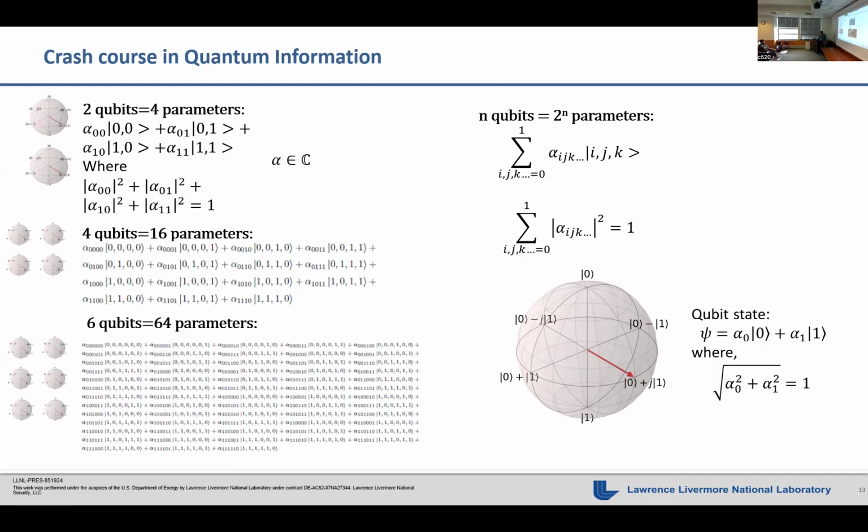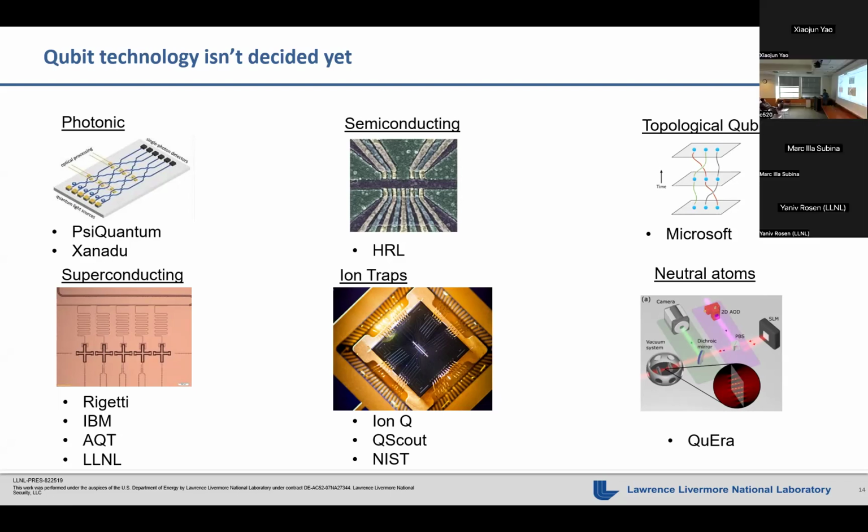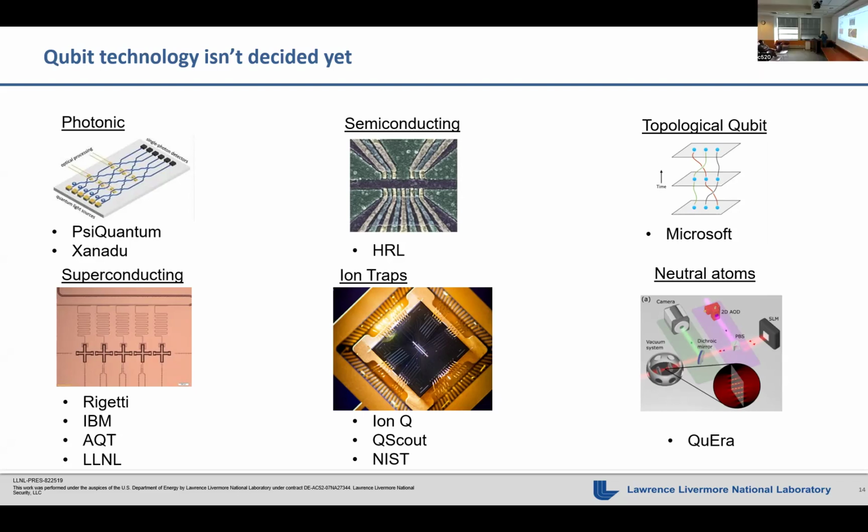So how does this actually work? How do we do this? There are many different types of quantum computers out there. These are just a few, and a few of the companies that are looking into the different technologies. And we still don't know which one is going to win out. There's a lot of investment in superconducting systems.